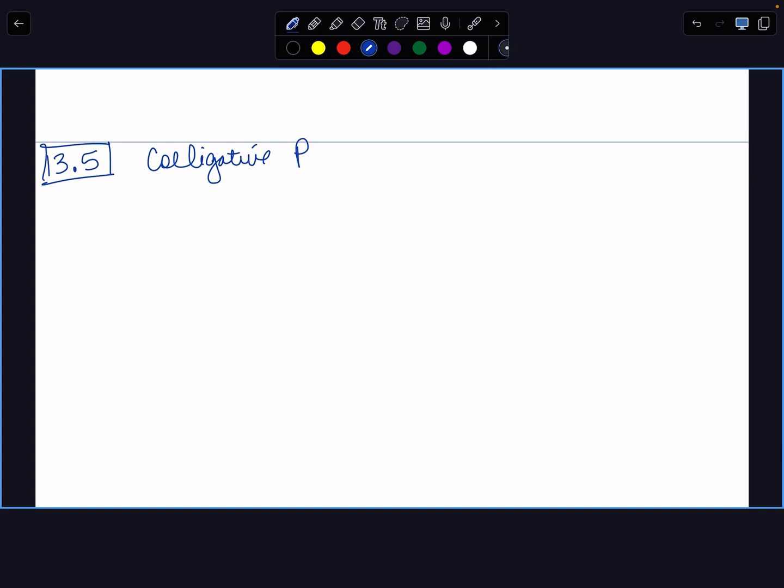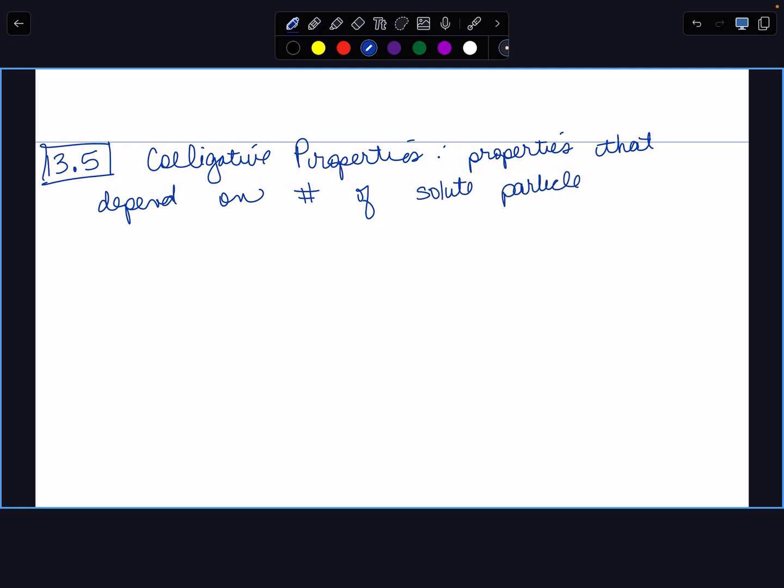All right. Next section. This is section 13.5 in your book, Colligative Properties. Colligative properties are properties that depend on the number of solute particles in solution regardless of their nature.